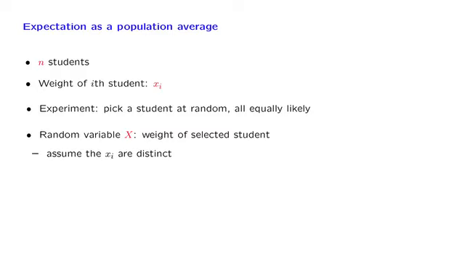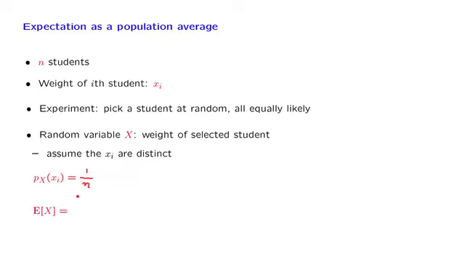To keep things simple, we will assume that the xi's are all distinct. And we first find the PMF of this random variable. Any particular xi that is possible is associated with exactly one student because we assumed that the xi's are distinct. So this probability would be the probability of selecting the ith student, and that probability is 1 over n.